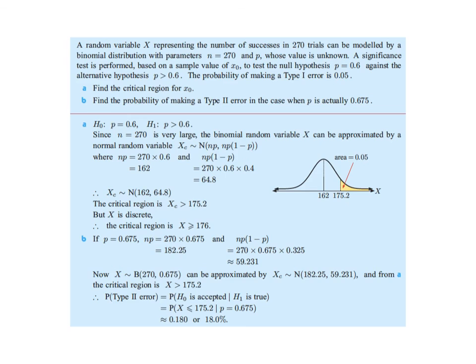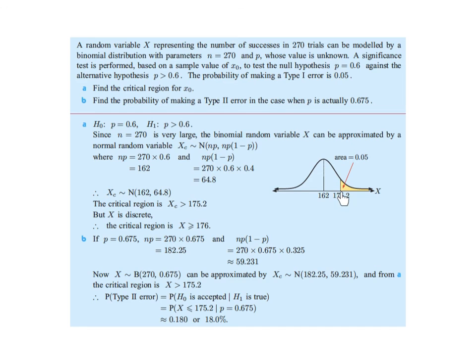This example is interesting because we start with a binomial distribution, but when the workout is done and the decisions are made, this binomial distribution is approximated with a continuous distribution. Why is that important or useful? It is because in some calculators we do not have an inverse binomial.